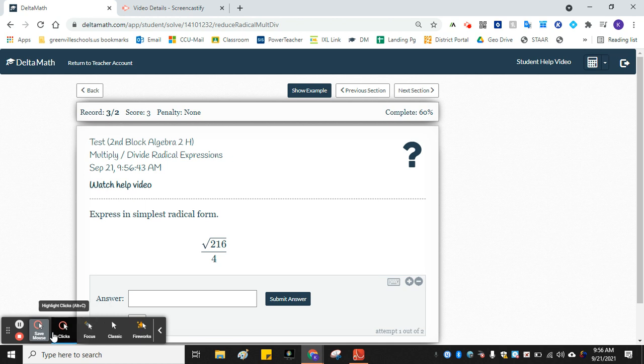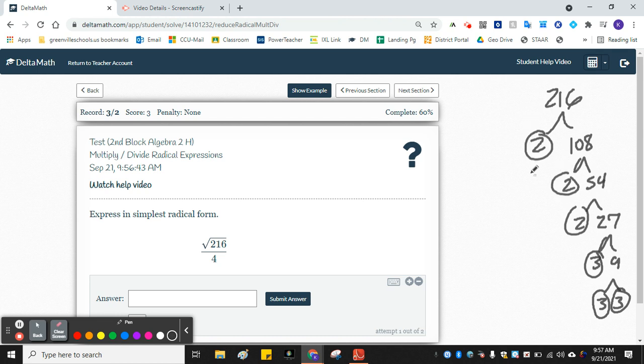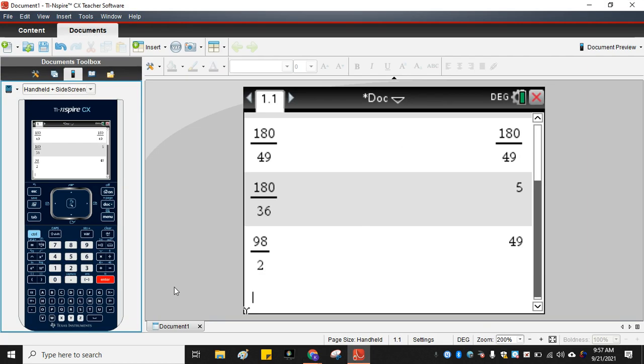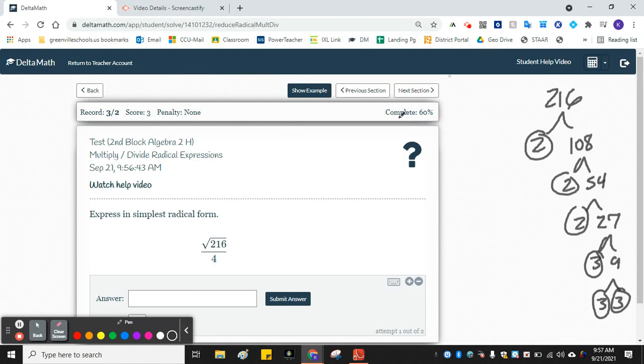All right. Square root of 216. That is a big number. Let's break that down. 2 and 108. 2 and 54. 2 and 27. 3 and 9. 3 and 3. All right, to make sure I didn't mess that up, I am going to go to the calculator, put in 3 2s and 3 3s to make sure it's 216. 216. So I got that right. And then we're going to break that down.